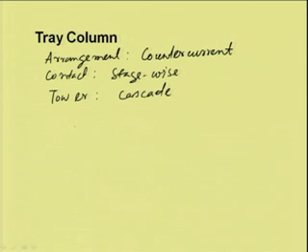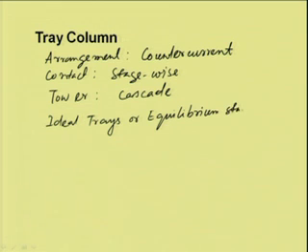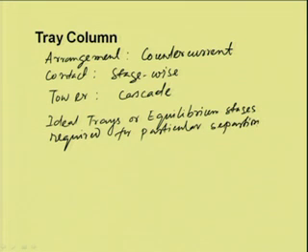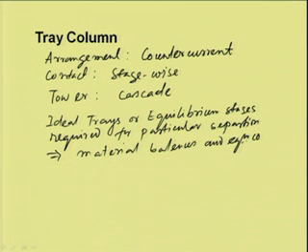Now, the equilibrium stages, or the ideal trays, required for a particular separation can be obtained from the material balances and equilibrium considerations.